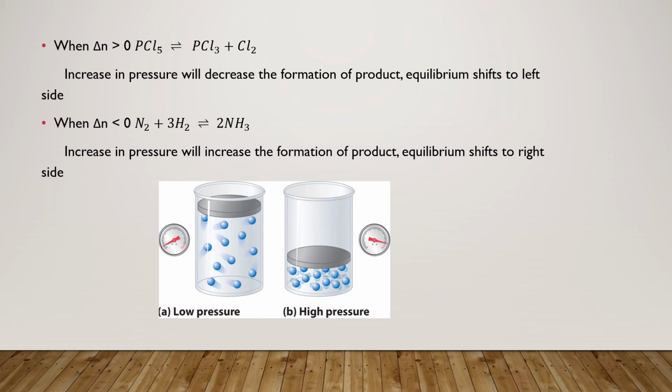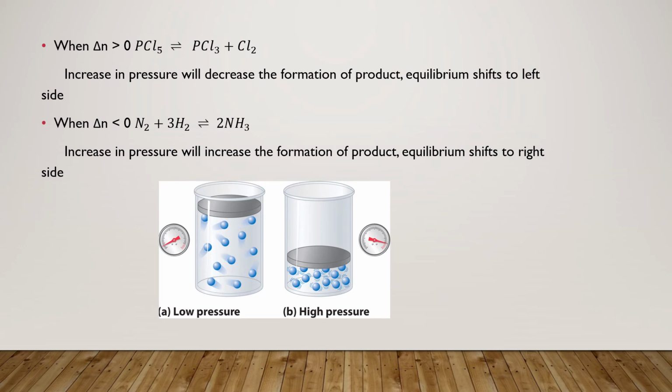PCl5 gives PCl3 plus Cl2 upon dissociation. So an increase in pressure in this case will decrease the formation of product. Why? In the product there are more molecules, right? So the equilibrium shifts towards the left-hand side to give the reactant. It affects the product formation.